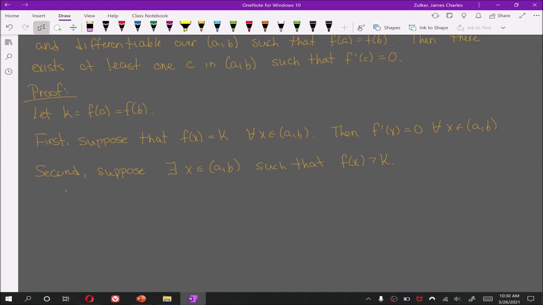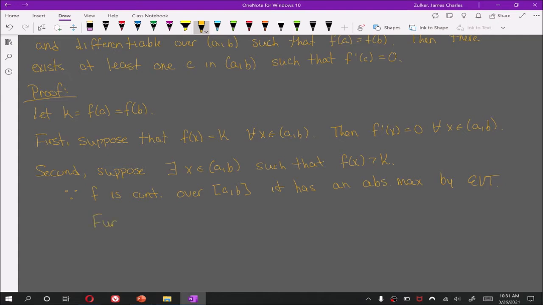Now, since f is continuous over the closed interval a to b, it has an absolute maximum by the mean value theorem. I'm sorry, by the extreme value theorem that was studied in the previous video in this series.